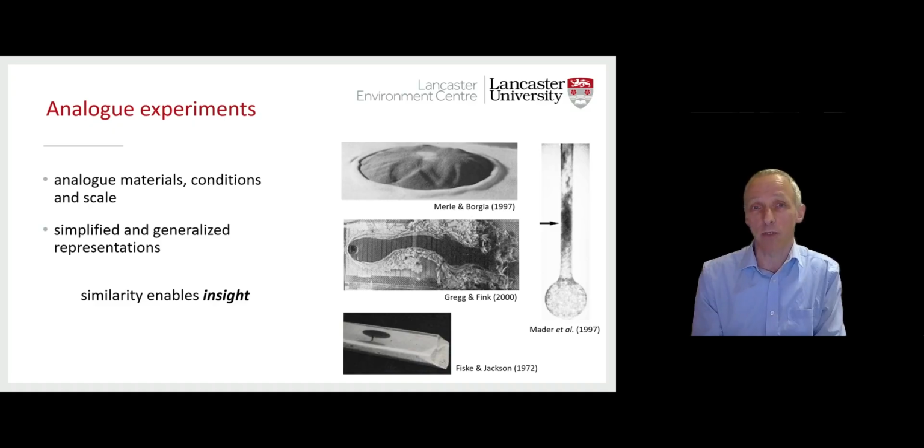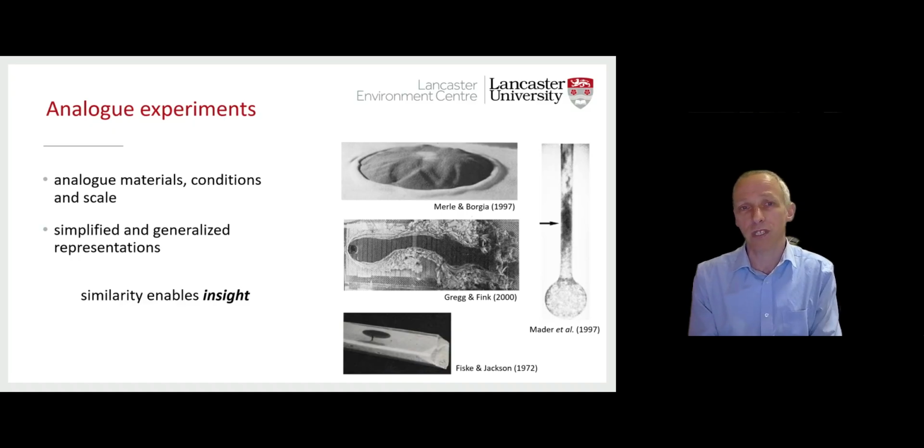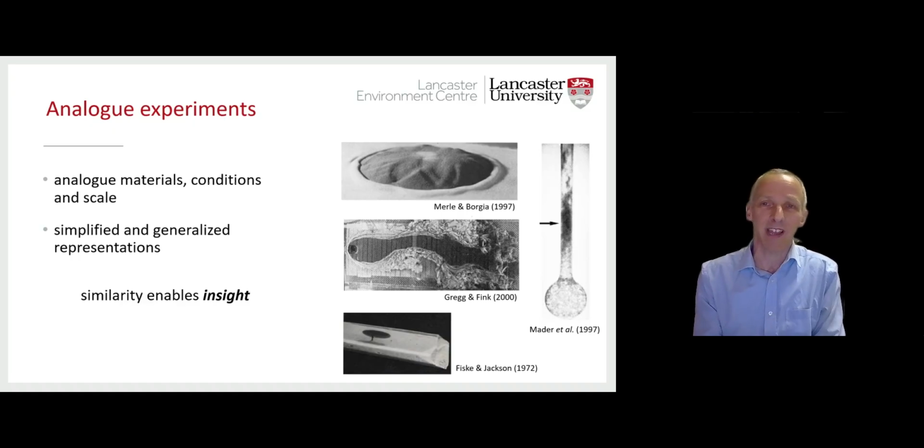So, for example, using a straight vertical tube with a circular cross-section to represent a volcanic conduit, or a cone of sand to represent a volcanic edifice. So consequently, experiments are typically designed to explore first-order processes that occur widely, rather than specific processes that are found in only one specific situation.